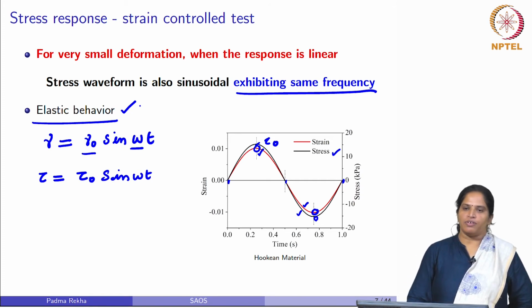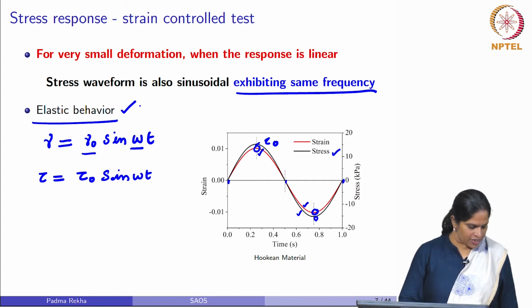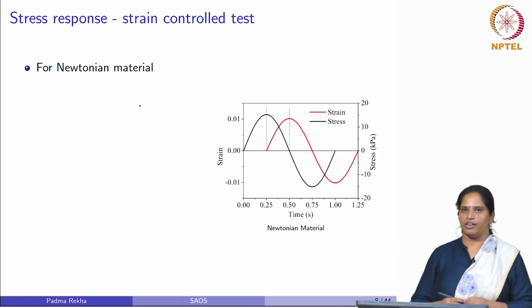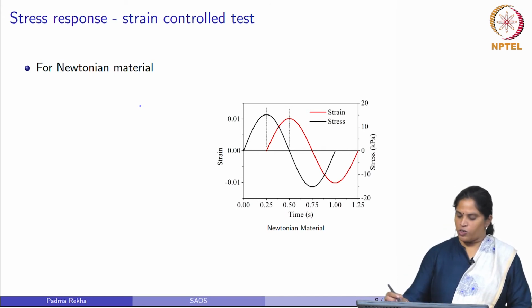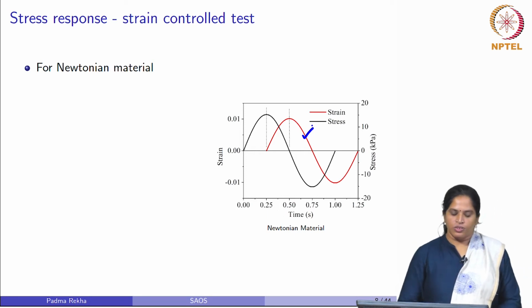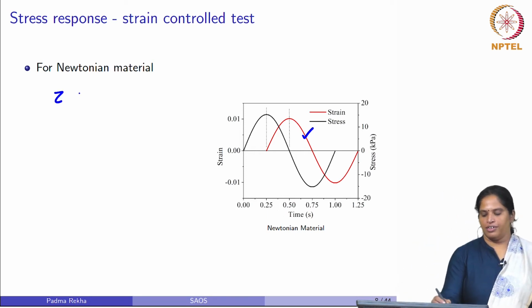So, what will happen if the material is viscous? In case the material is viscous or ideally Newtonian, and we subject it to a sinusoidal strain, what will be the response of the material? We know that for a Newtonian material, stress is proportional to strain rate.